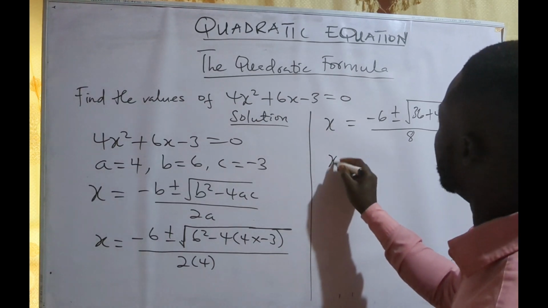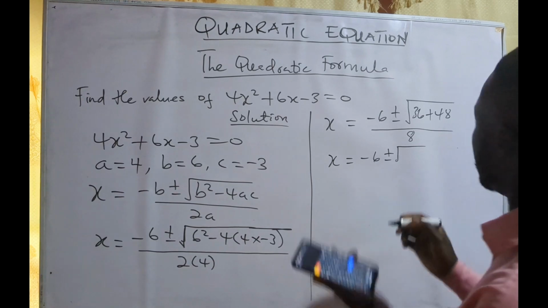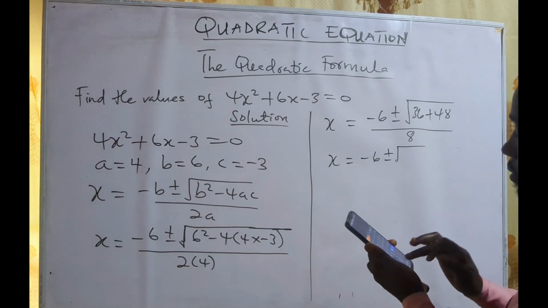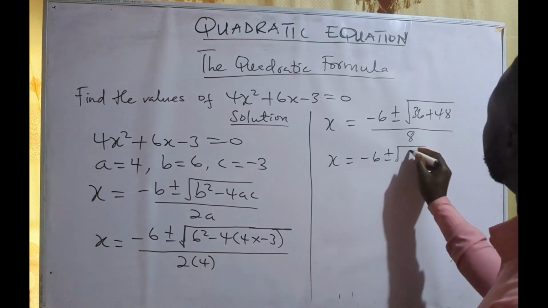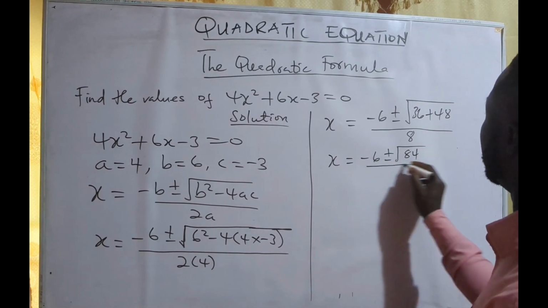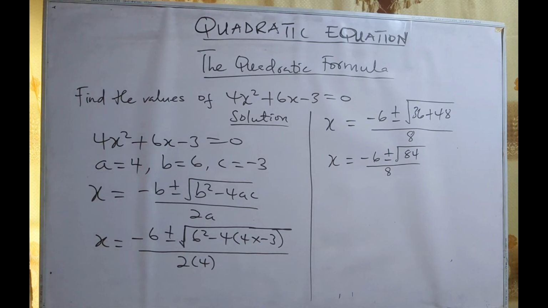So my x will be equal to negative 6 plus or minus square root of 36 plus 48, which will give me 84, all over 8. So this can be written as what?